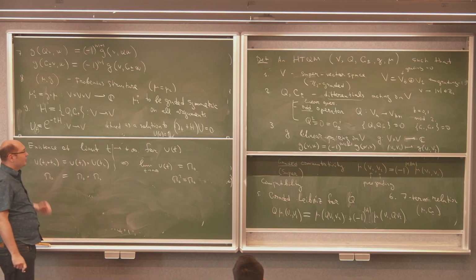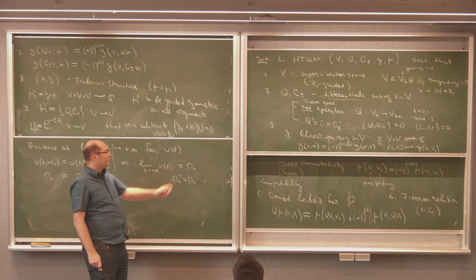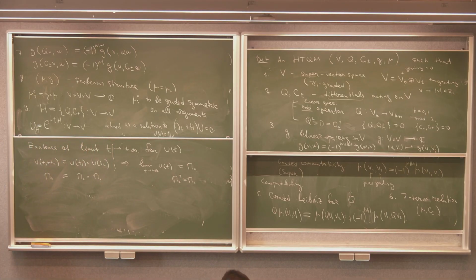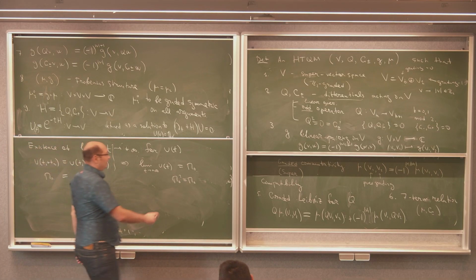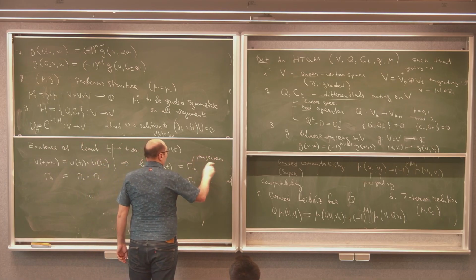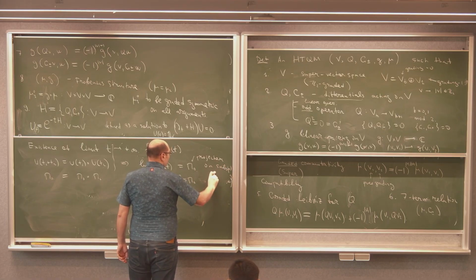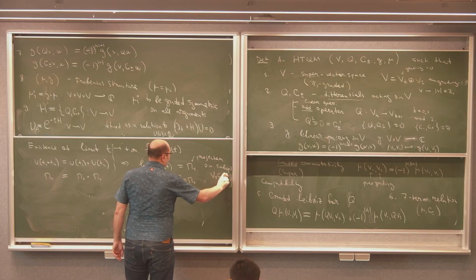Therefore this convolution property together with existence of the limit will imply that the limiting operator will be a projector on some subspace, which we call V naught.